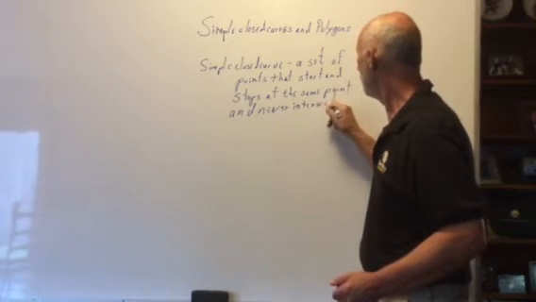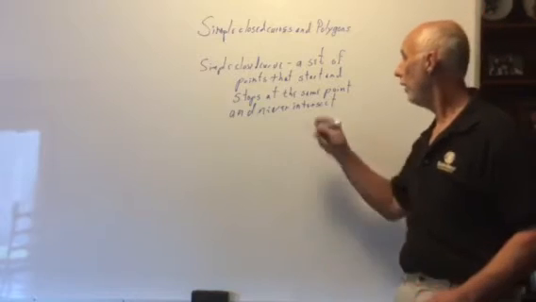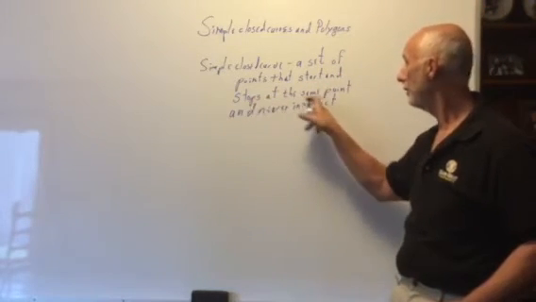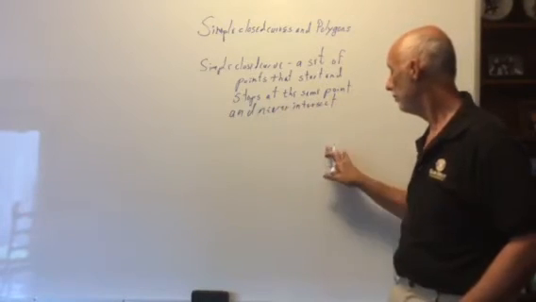And again, there are 2 things important about simple closed curves. First of all, they start and stop at the same point. And second of all, they never intersect.